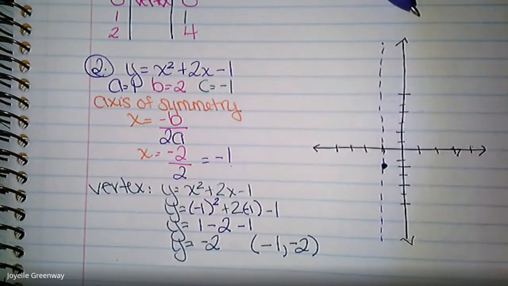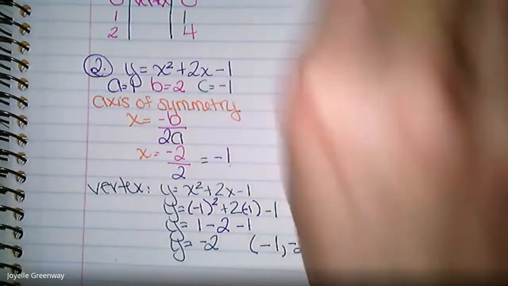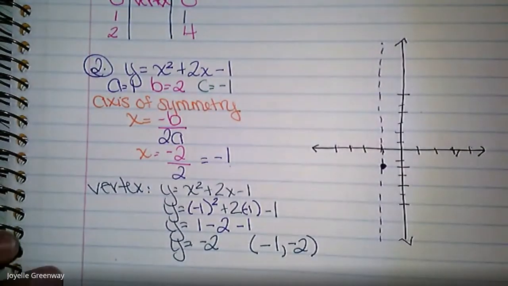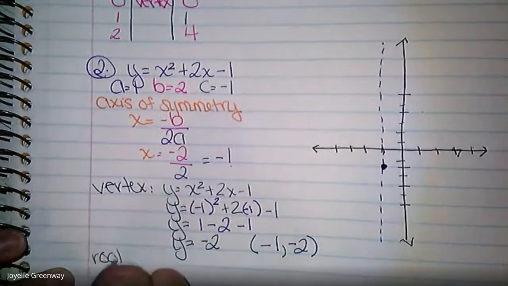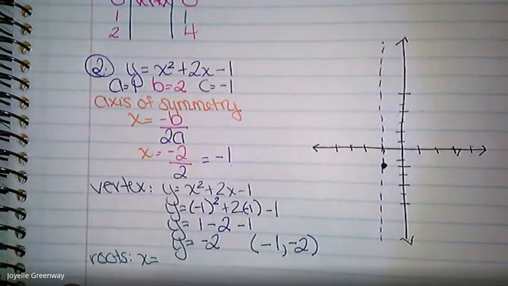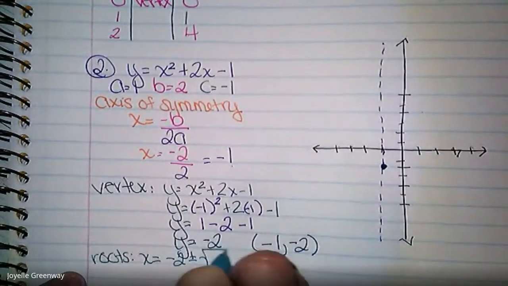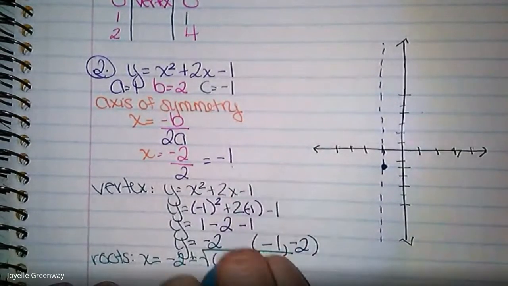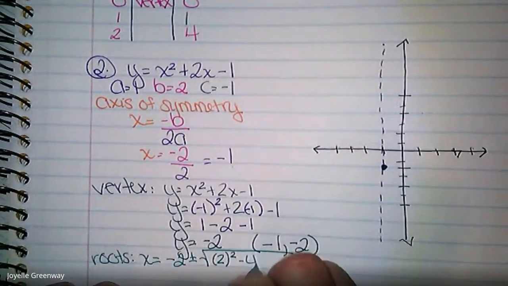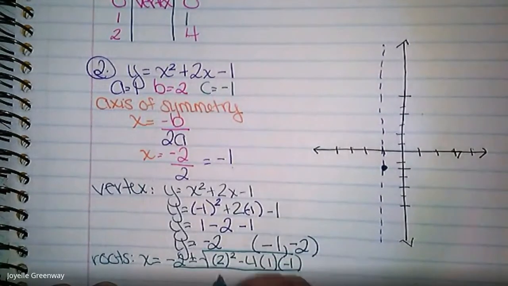So it will cross through my x-axis. So I can check my roots. So let's find our roots. So x is equal to negative b, so negative 2 plus or minus the square root of 2 squared minus 4 times a times c over 2a.